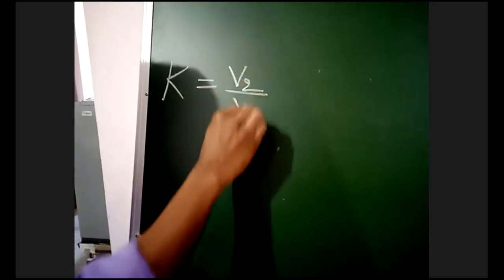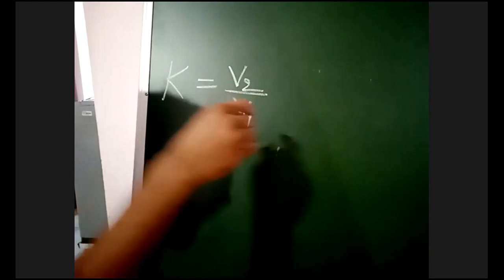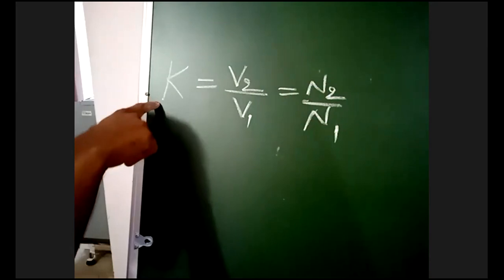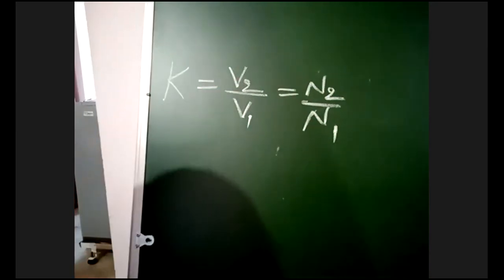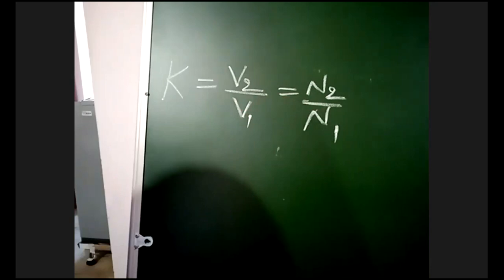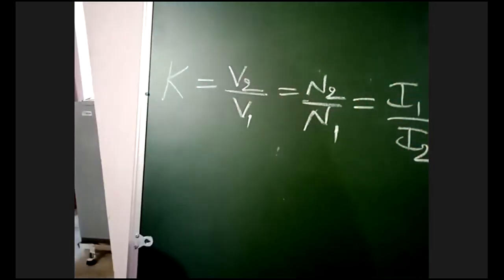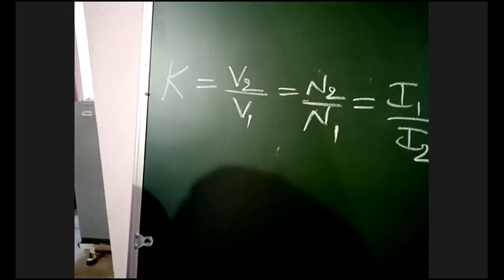Transformation ratio is represented with K. K is equal to, one formula is V2 by V1, another formula is N2 by N1, that is equal to I1 by I2. This is the formula for transformation ratio K. You have to remember this formula.